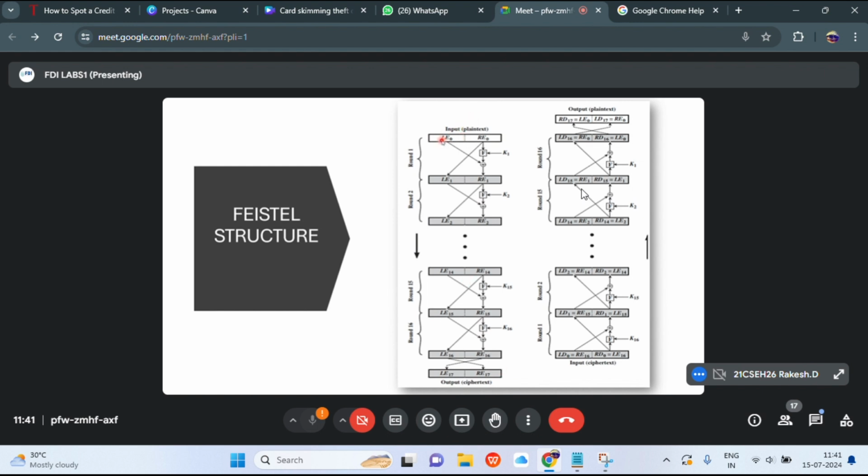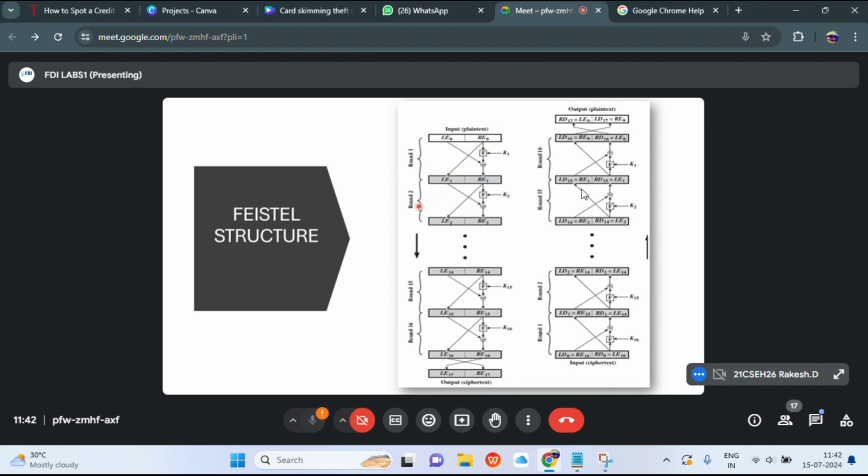The 64 bits are split into two, 32 bits and 32 bits, and now the right side 32 bits will be sent to a particular function. This is called the round function. This function happens through key K1, and after this function there will be an output. That output will be XORed with the left side 32 bits, and that will be sent to the right side of the second round. For the left side of the second round, the same 32 bits that were on the right side in round 1 will be sent.